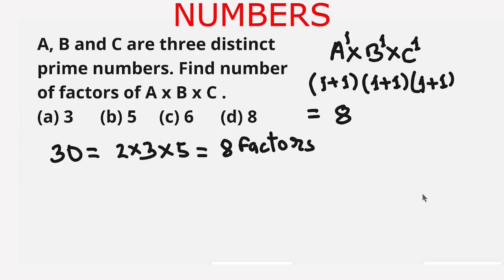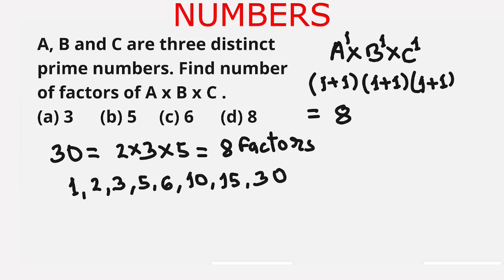Now what are those factors? 1, 2, 3, 5, 6, 10, 15 and 30. So these are 8 factors. I hope you have understood the concept behind this question. And from the given options, our answer is option D 8. We go to the next question.